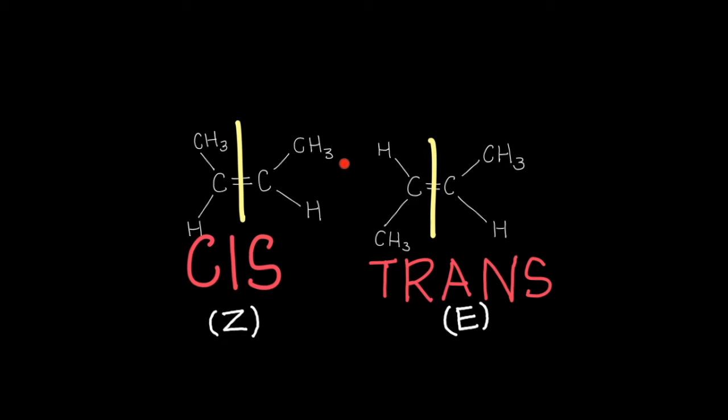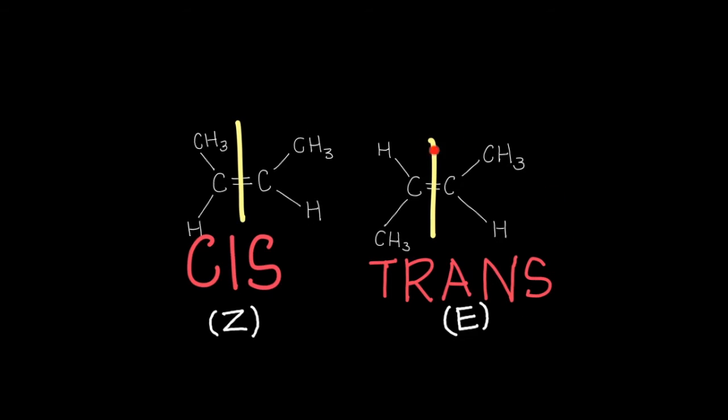Comparing this group with this group has the higher molecular mass, and comparing on this side, this with this one has the higher molecular mass. With both of these higher molecular mass groups located on the same side of the molecule, then this becomes the cis or the Z conformation.